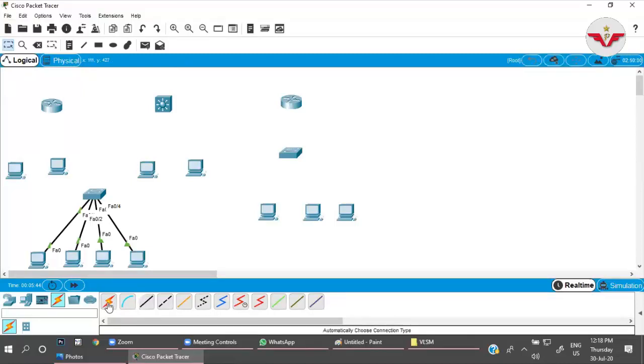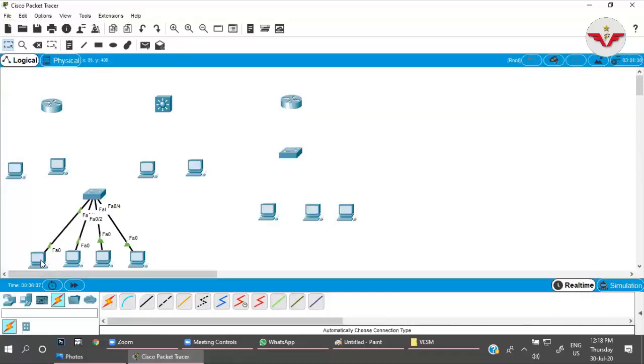In Packet Tracer, you just choose this one and it will start working. It will automatically take whichever cable is required. But in a real environment, you should know which cable we are going to use, right? That is why we will keep the habit of selecting the correct cable from here instead of the automatic one.